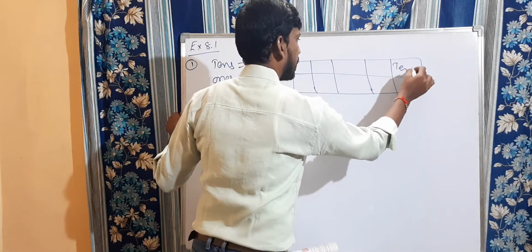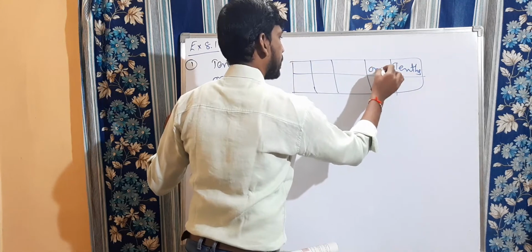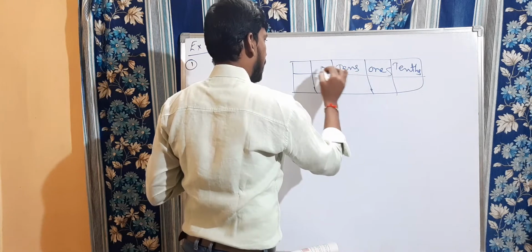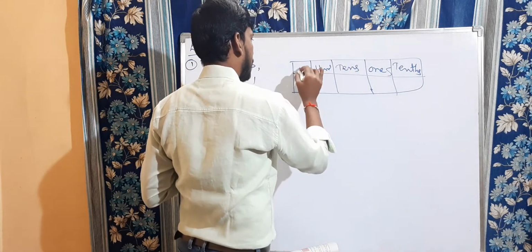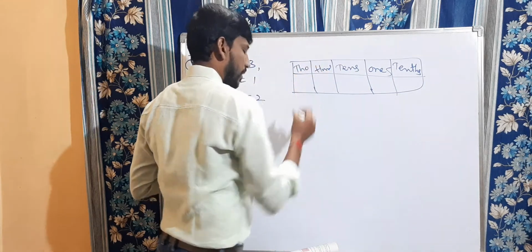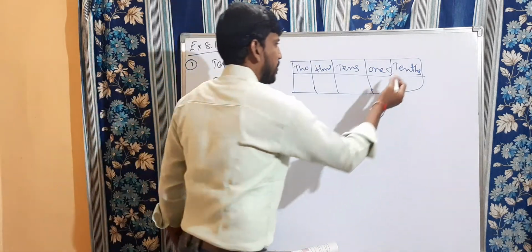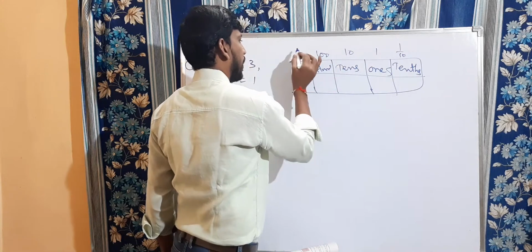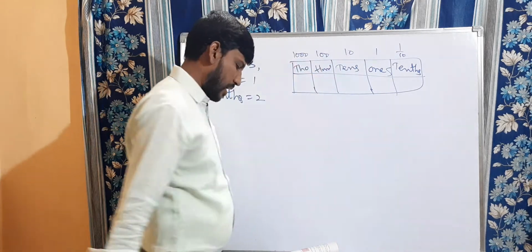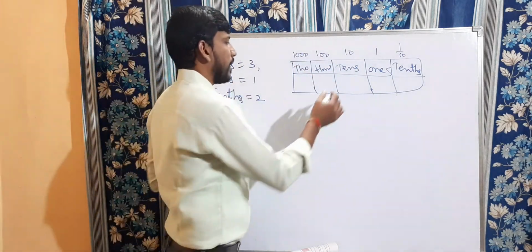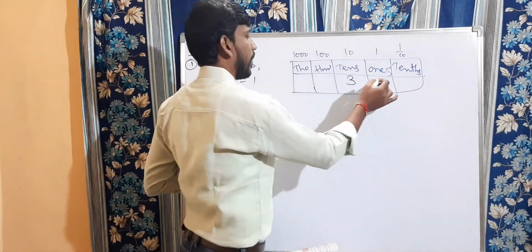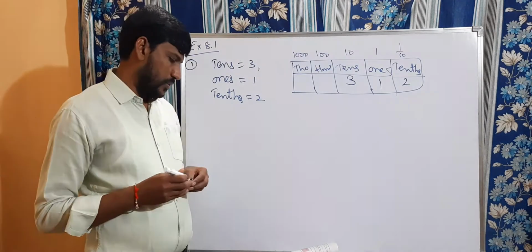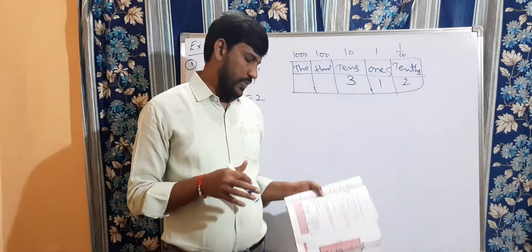This is the tenths part, ones, tens, hundreds, and this is thousands. Now the tenths part is nothing but 1 by 10 part. This is 1, this is 10, this is 100, this is 1000. Now see this here. How many tens are there? 3 are there. How many ones are there? 1 is there. How many tenths are there? 2 are there. 3, 1, 2. That is the process. First one, A bit, is completed.